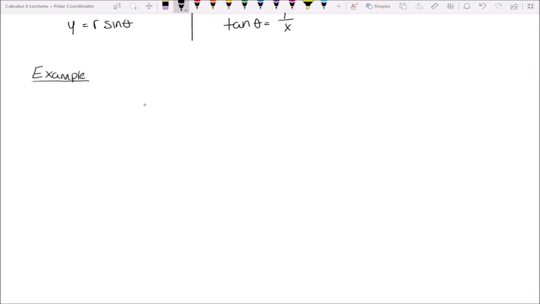Well, let's take a look at the point 0, 3. We want to express this in polar coordinates. So what we do is take r squared equals x squared plus y squared. We get r squared to be 9, which means that r itself would be 3.